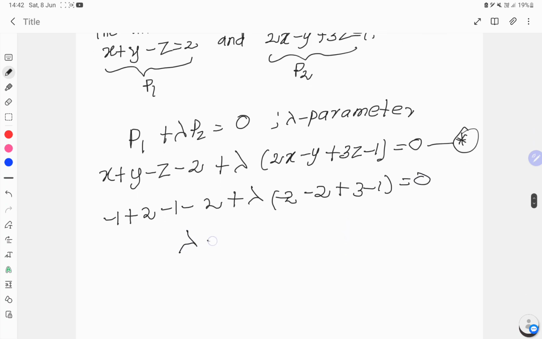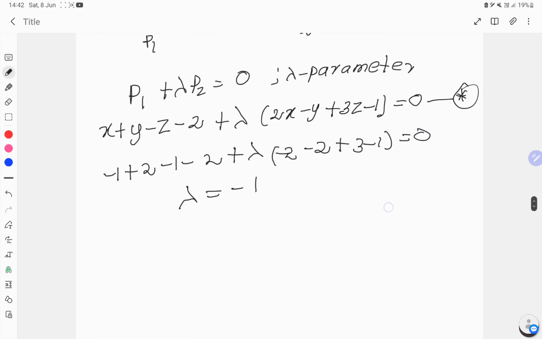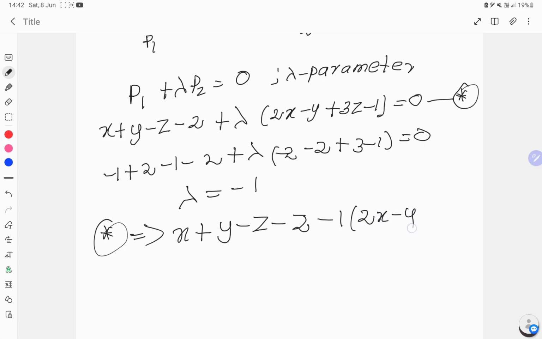Then we find lambda equal minus 1. We substitute in the star. Then we get x plus y minus z minus 2 minus 1 into 2x minus y plus 3z minus 1 equals 0. Minus x plus 2y minus 4z equal 1.